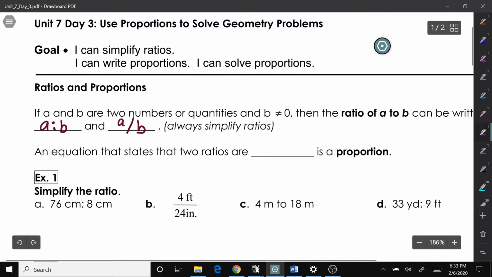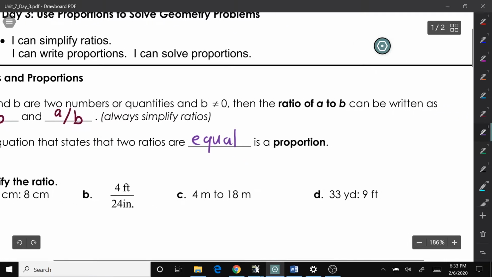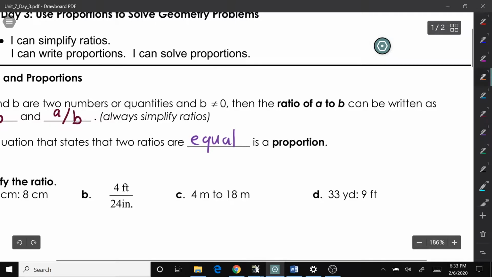An equation that says that two ratios are equivalent or equal is called a proportion. So, an example of that is kind of like when we reduce fractions. When we have 4 over 8, we know that's 1 over 2. It's the same thing. We reduce a fraction, we create another equal fraction.